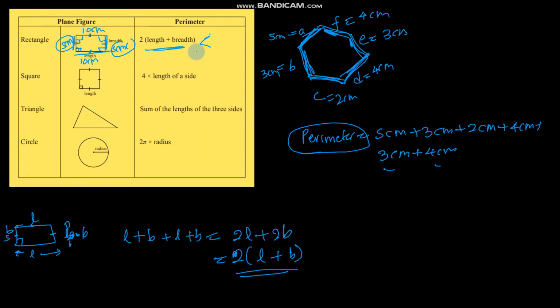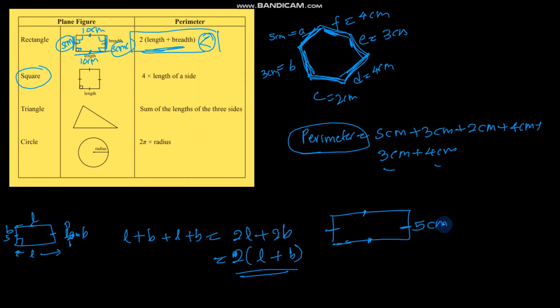So this becomes your formula in here. But my advice is don't try to remember these formulas, because you have a lot of formulas to remember in mathematics. Just remember that for shapes like the rectangle and even the square, the basic is that in a rectangle this side is equal to this side, and this side is equal to this side.